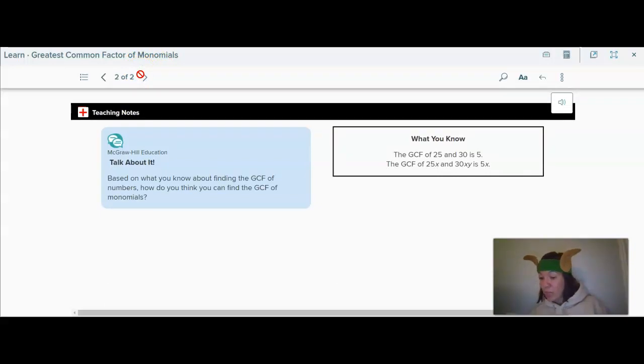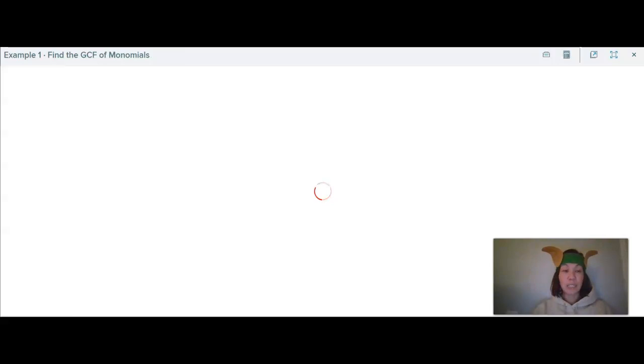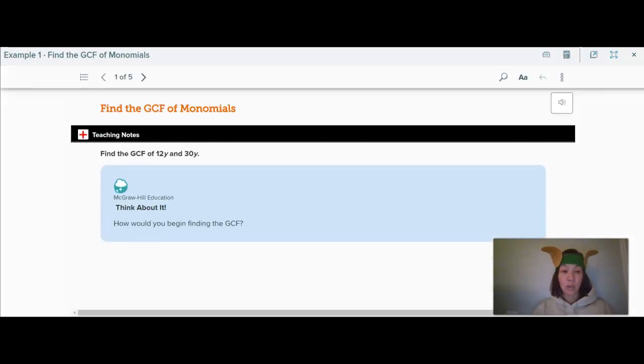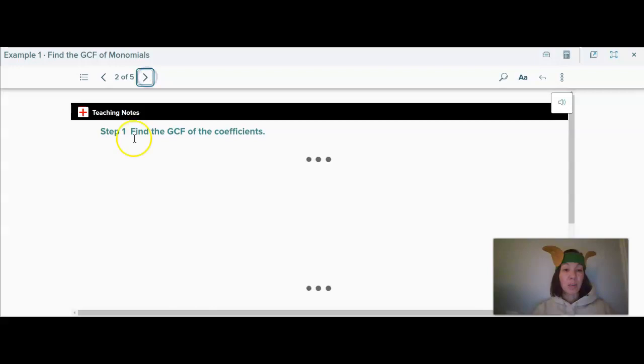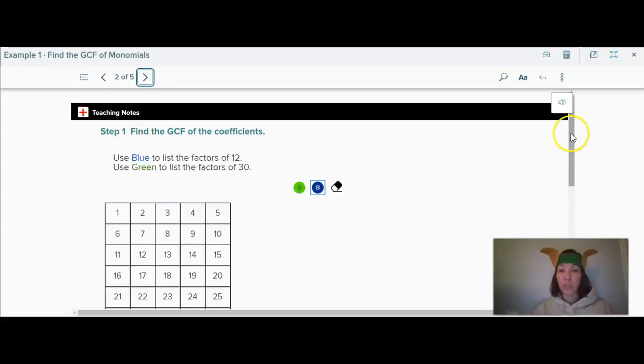So if you guys go to page 260 and look at page 260, we want to find the GCF of 12y and 30y. So we can start by looking at just the coefficients, 12 and 30.